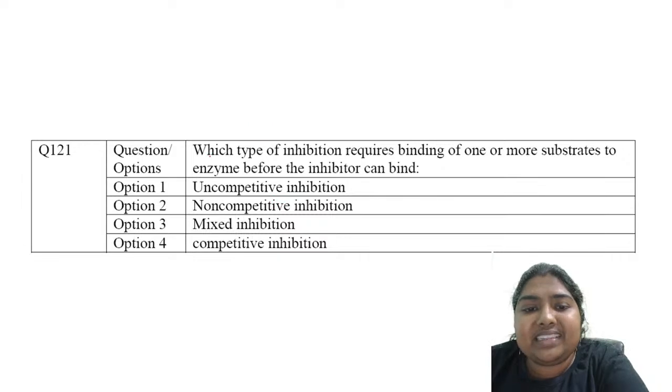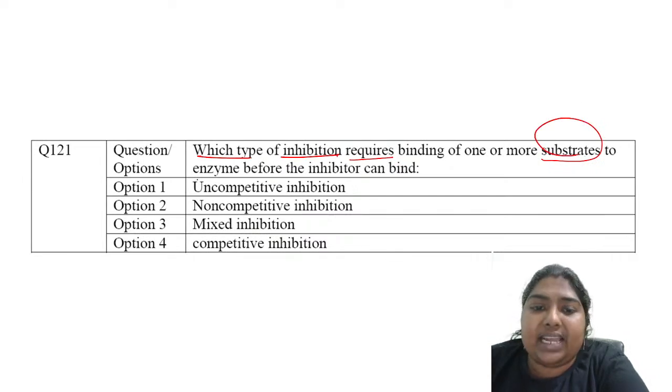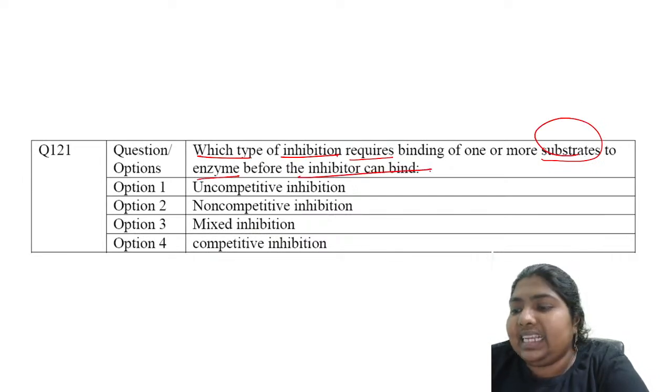Good. Which type of inhibition requires binding of substrate to the enzyme before the inhibitor can bind? Just now we saw about this, right?